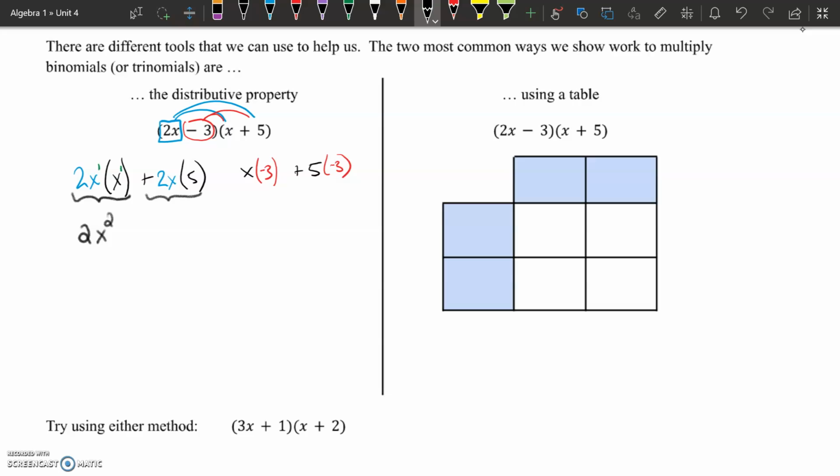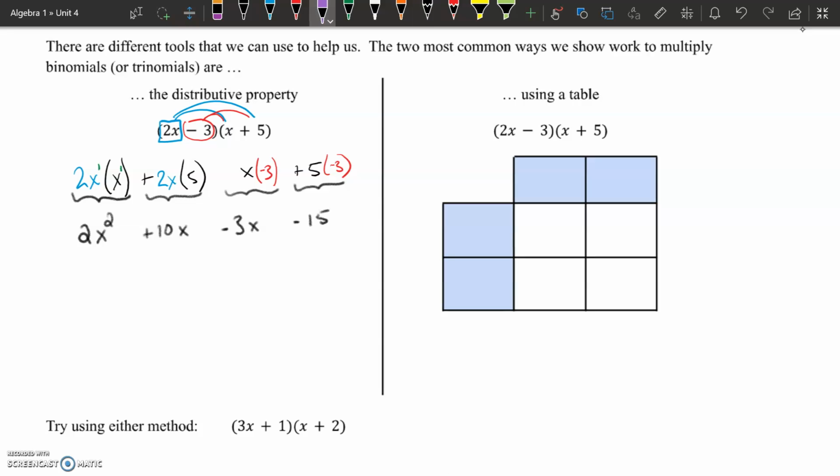Now a positive 2 times a positive 5 is going to get me a positive 10, and I can't lose the x, but I only have that one x to the first. When I'm multiplying this term, I just have a 1 times a negative 3 gets me a minus 3, and I still have just the x. In my last term, a positive 5 times a negative 3 gets me a negative 15.